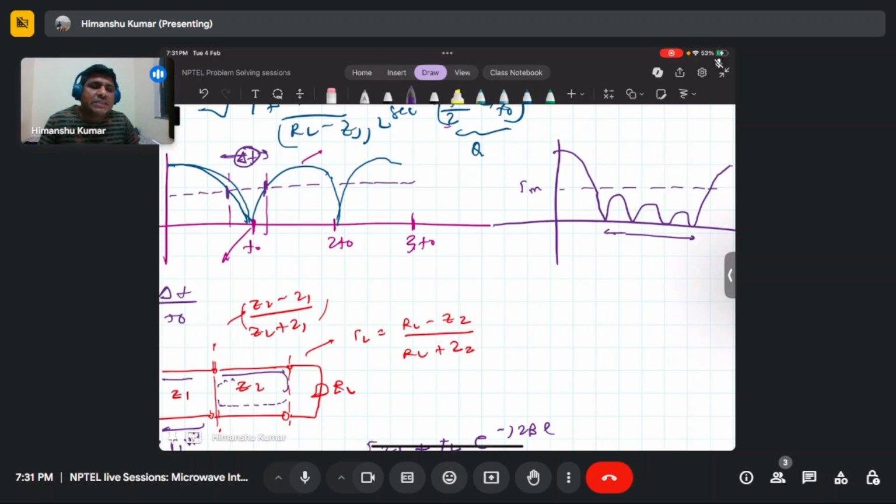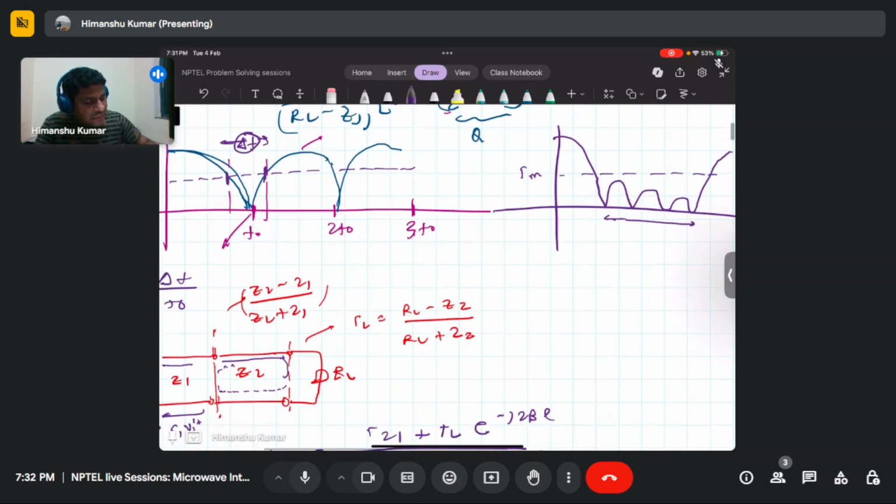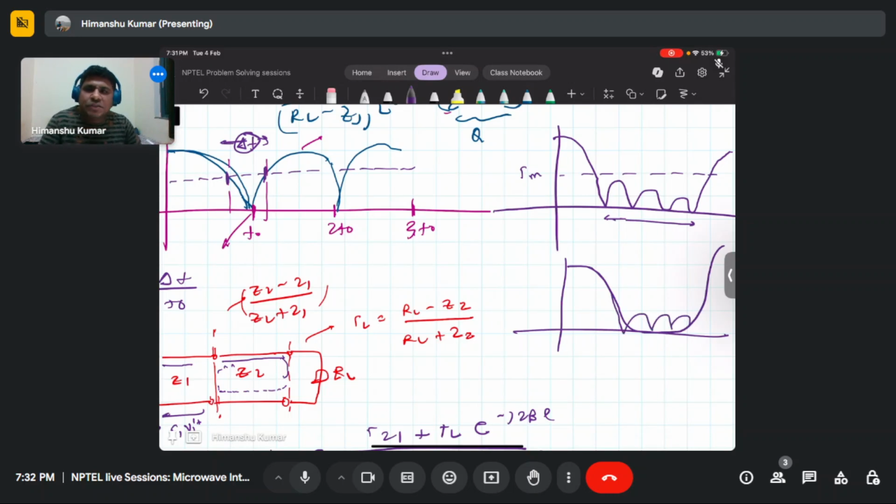So multi-section lines can be used for this kind of ripple behavior, and for a binomial line the gamma is like this. For higher-order Chebyshev there are ripples, and for other exponential or tapered lines you can have variations of this.